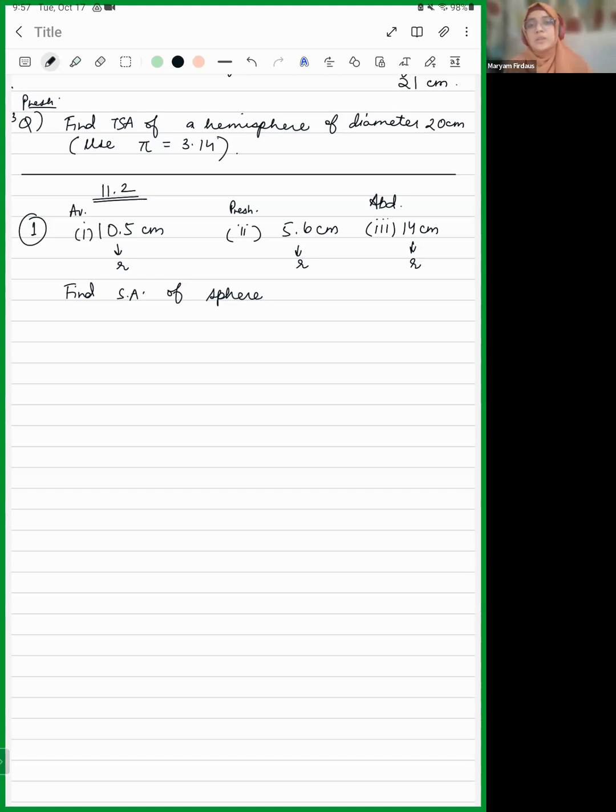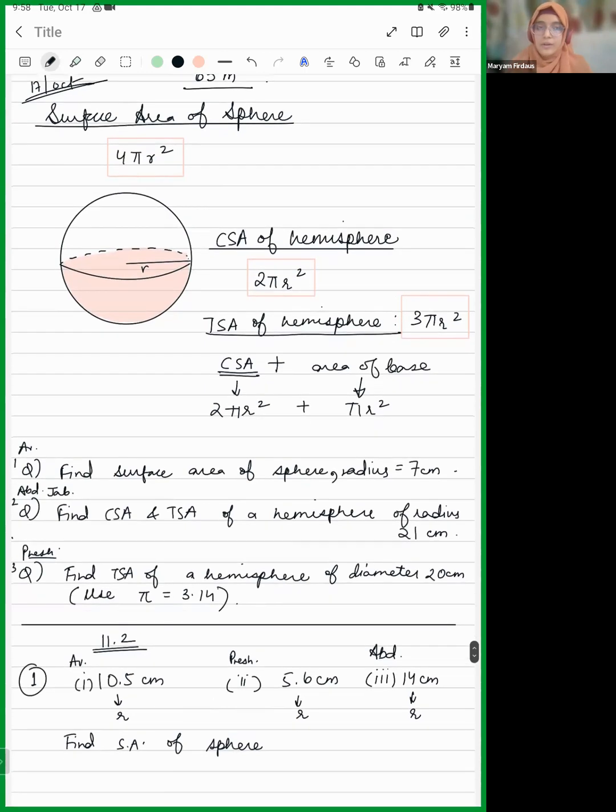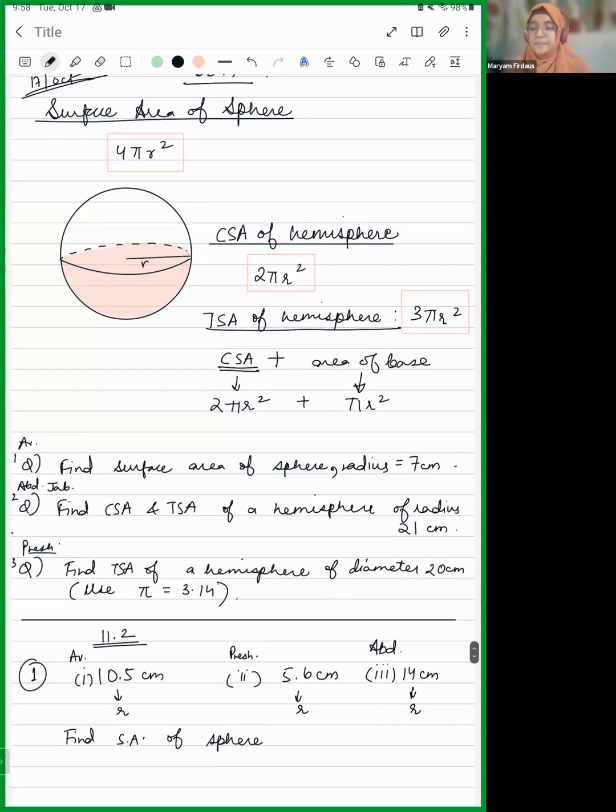So curved or total, same thing. That is why we have only one formula for sphere, as you can see over here. I hope you guys are making a list of the different shapes and their areas, the curved area, the total area.